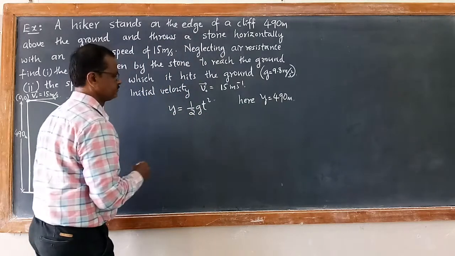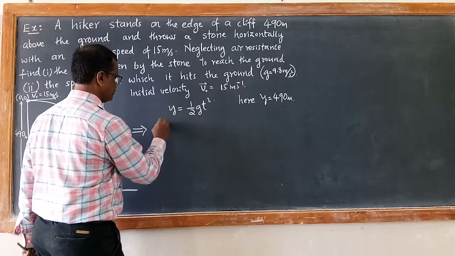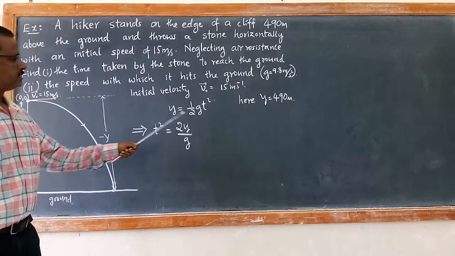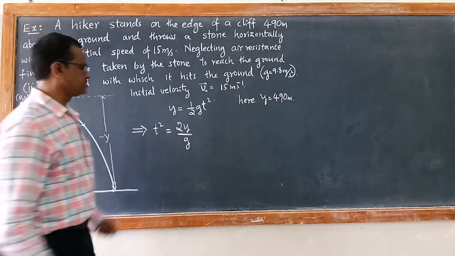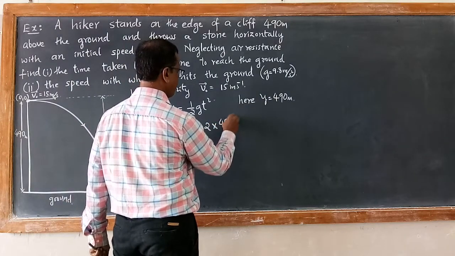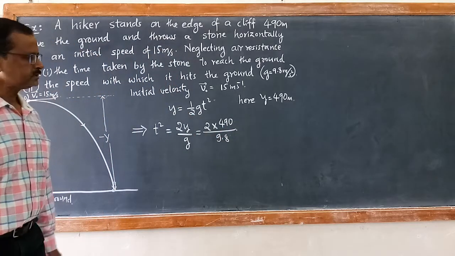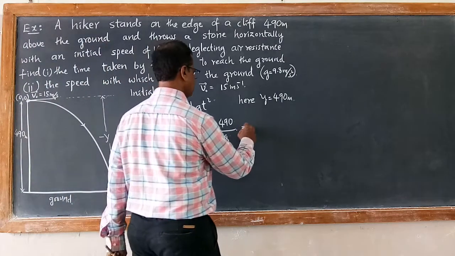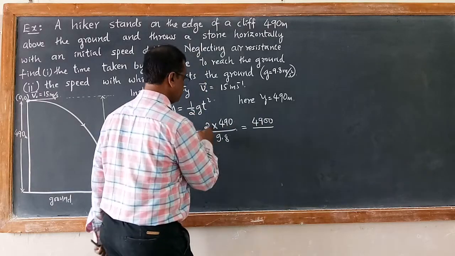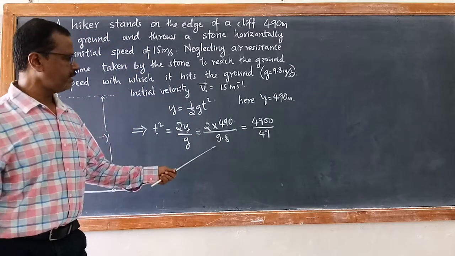So substitute this. Thus we get t square is equal to 2y by g. So 2 into 490 divided by g, 9.8. Taking the decimal and cancelling, we get 4900 divided by 49.